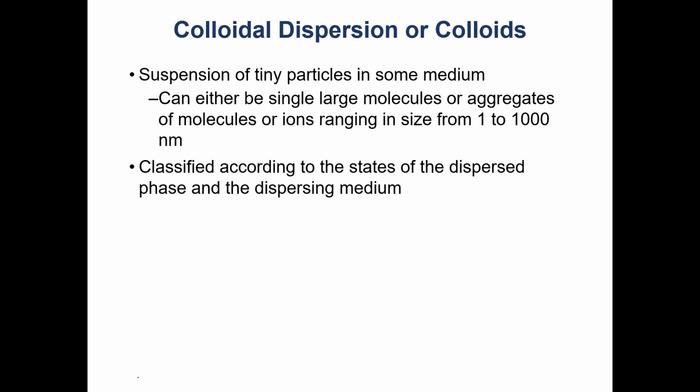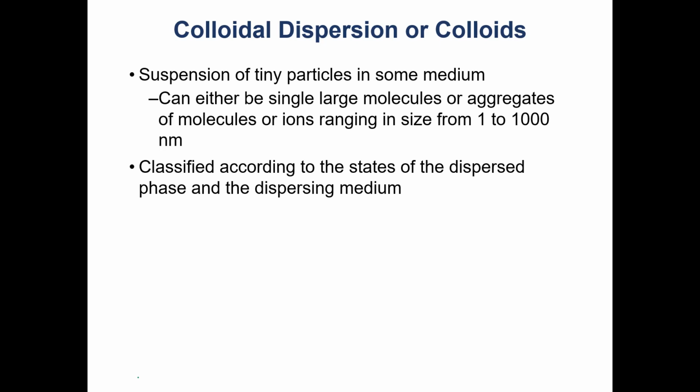So the last thing that we're going to talk about to do with solutions here is something that's kind of similar but not exactly the same thing. Colloids are similar to solutions in that we have things mixed together. Rather than being dissolved in the solution, it's actually a suspension of tiny particles in something else.